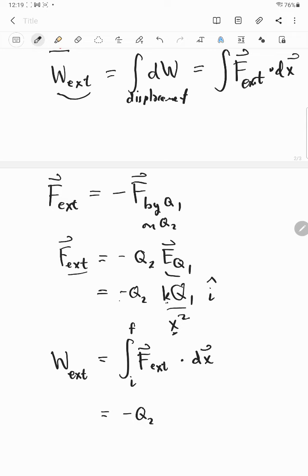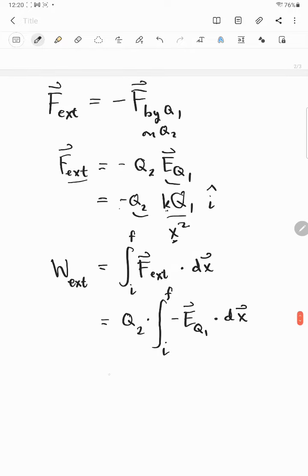I've got a Q2, right, there's the Q2 factor. And then I'm going to write the integral, so it multiplies the integral of negative electric field due to Q1 dotted with displacements that are taking me from Q2's initial location to Q2's final location.